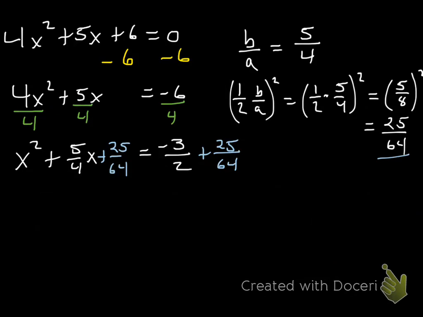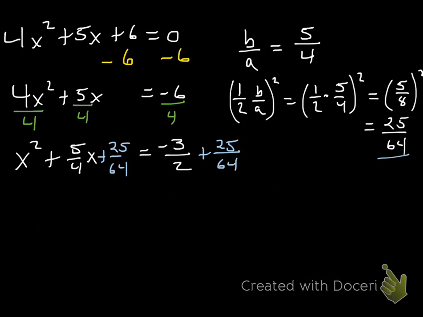Okay. The left-hand side is a perfect square trinomial. One of the, I guess we can call it kind of the base of 25 over 64 is 5 over 8. 5 squared is 25, 8 squared is 64. Now if I take 5/8 and add 5/8, that gives me 10/8, and 10/8 reduces to 5/4.